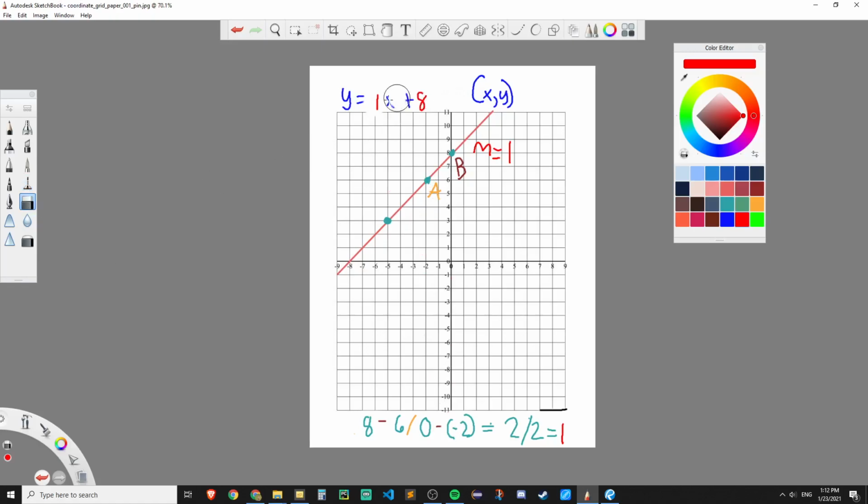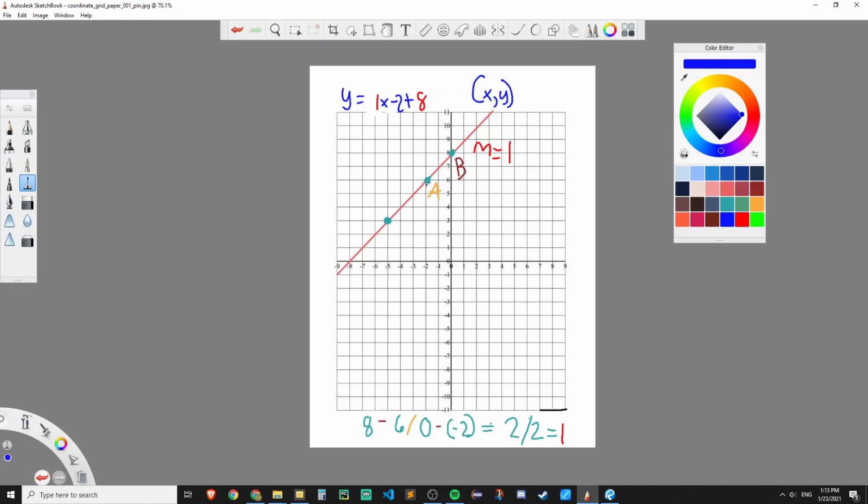So if I plug in -2, 1 times -2 is -2, and then we could just flip-flop this equation: 8 minus 2 is equal to 6. Is the YA 6? Yes, it is.